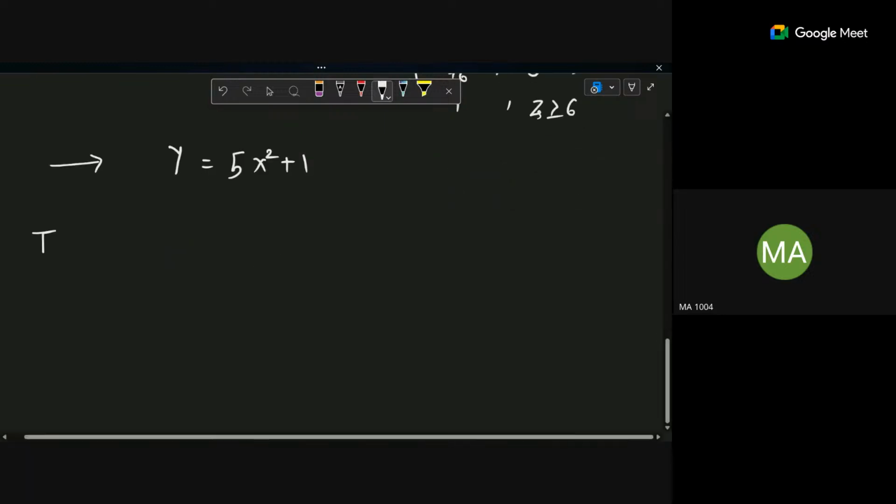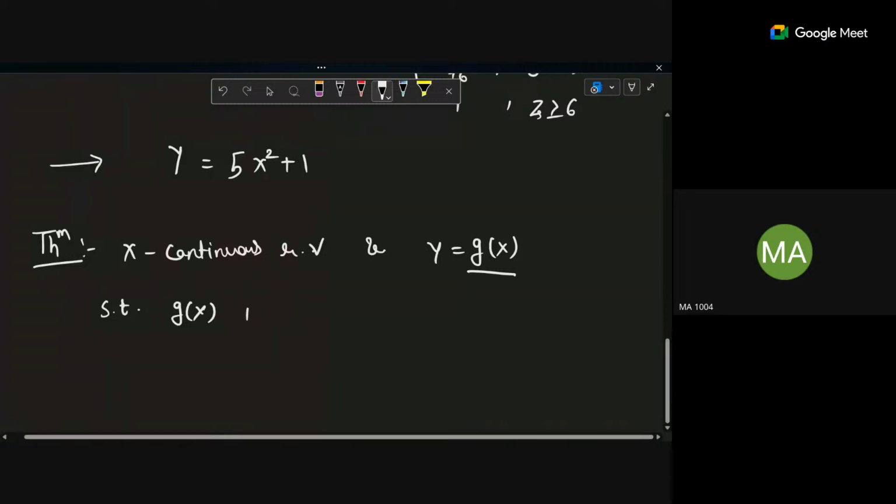Because there is a theorem which says that if x is a continuous random variable and y is a function of x, let's say g of x, such that g of x is monotonic in the support of x.